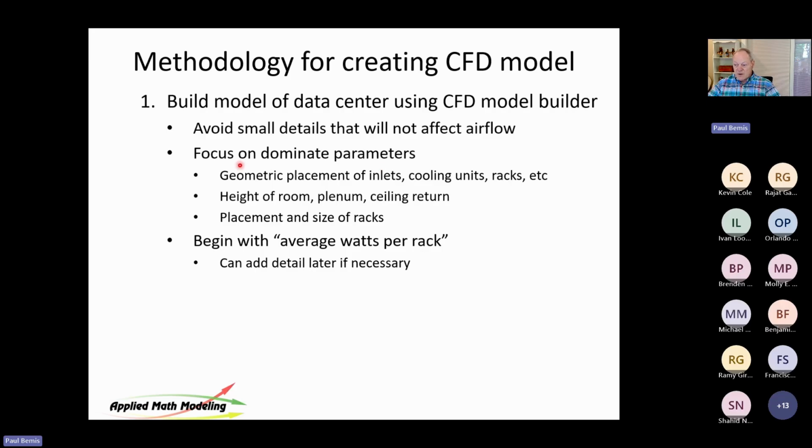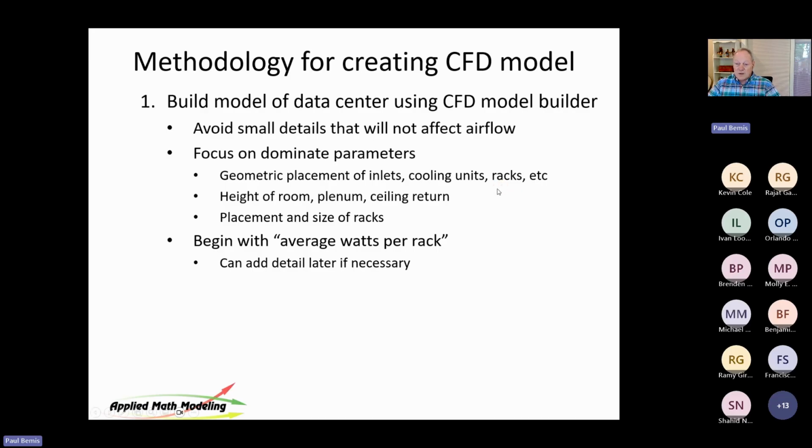It is the dominant parameters that matter, like placement of inlets, the velocity of the inlet, where the cooling units are, where the racks are. Even the size of the rack doesn't matter all that much, to be frank. You don't have to get the rack to be exactly the millimeter that comes from the manufacturer, because it is the heat load in the rack that's the dominant parameter, not the geometry of the rack.